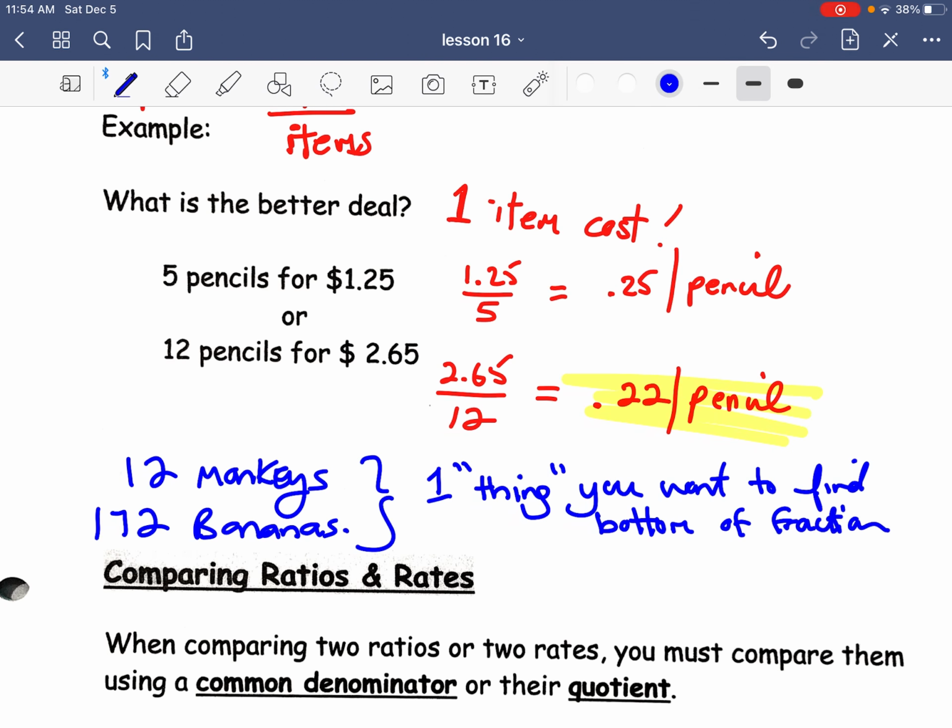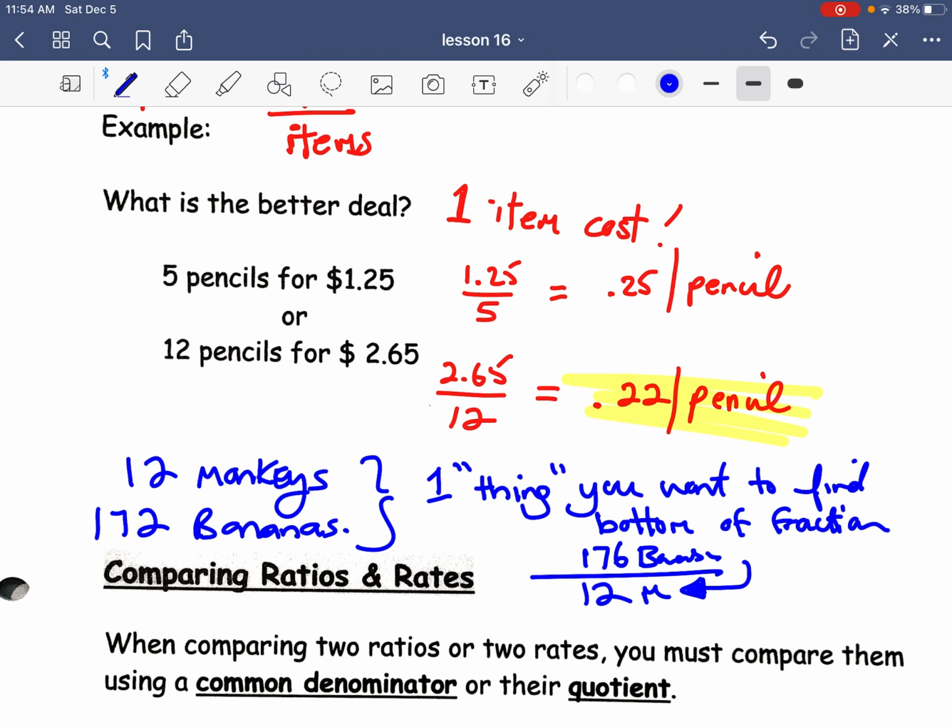So for example, it's clear here that you're not going to say, okay, how many parts of a monkey are going to be eating only one banana, but obviously how many bananas per one monkey. So in this case, I would put my bananas on top of the fraction, and I would put my monkeys on the bottom. So whatever is on the bottom always represents the one thing.